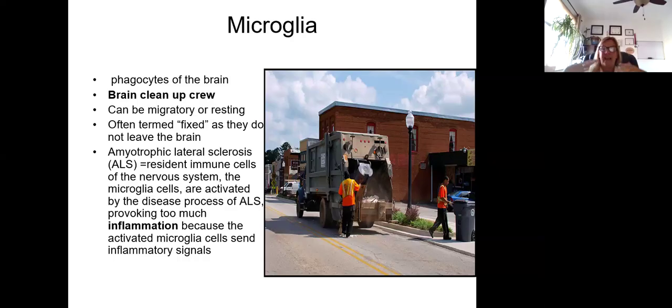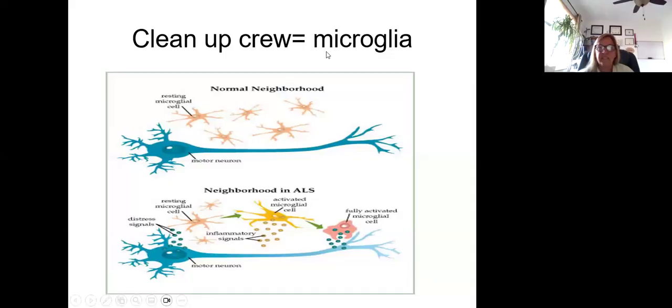So they get activated and they start phagocytizing good, healthy cells. They get activated by an inflammatory signal that tells them that something is wrong, but yet there isn't anything wrong. So this is sort of how it works.